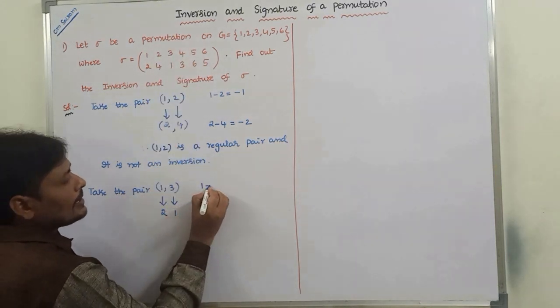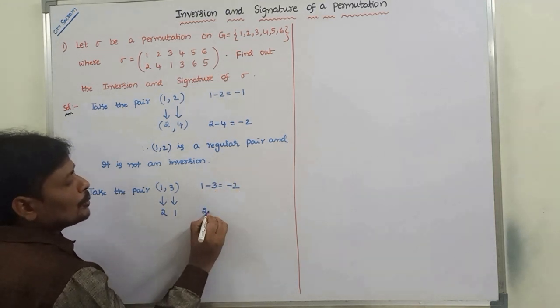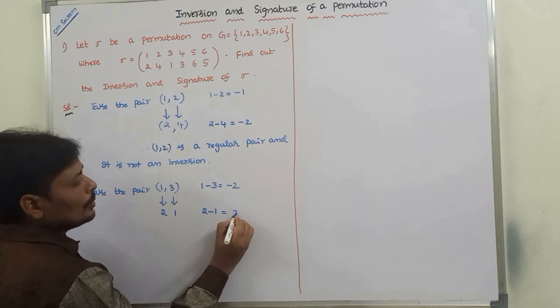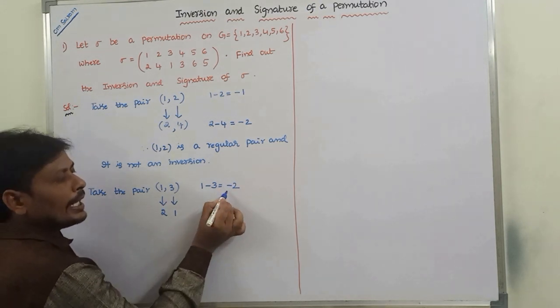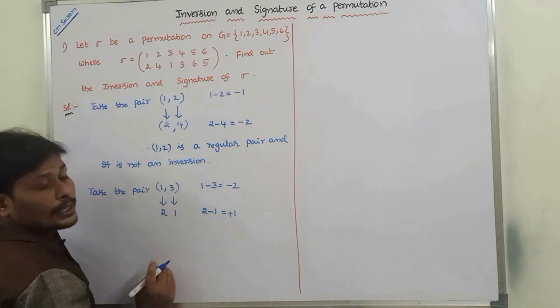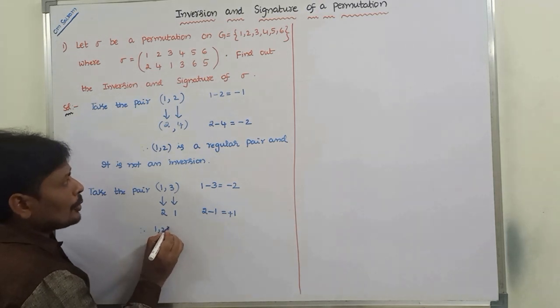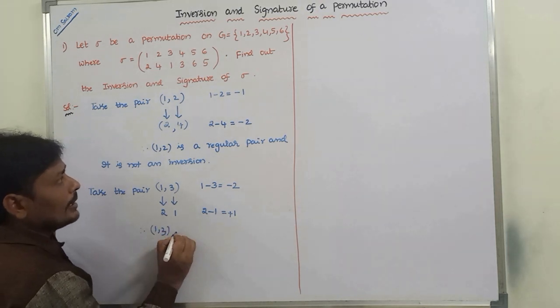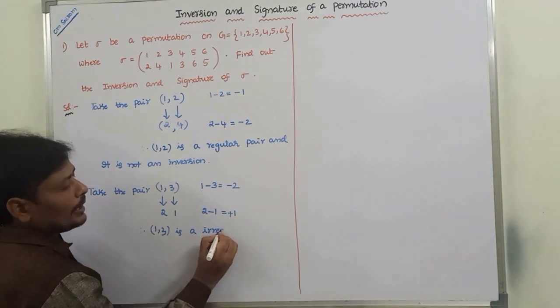The difference is 1 minus 3 is equal to minus 2, and 2 minus 1 is equal to 1. Here one result is negative and one result is positive. Hence, we can say that 1,3 is an irregular pair.